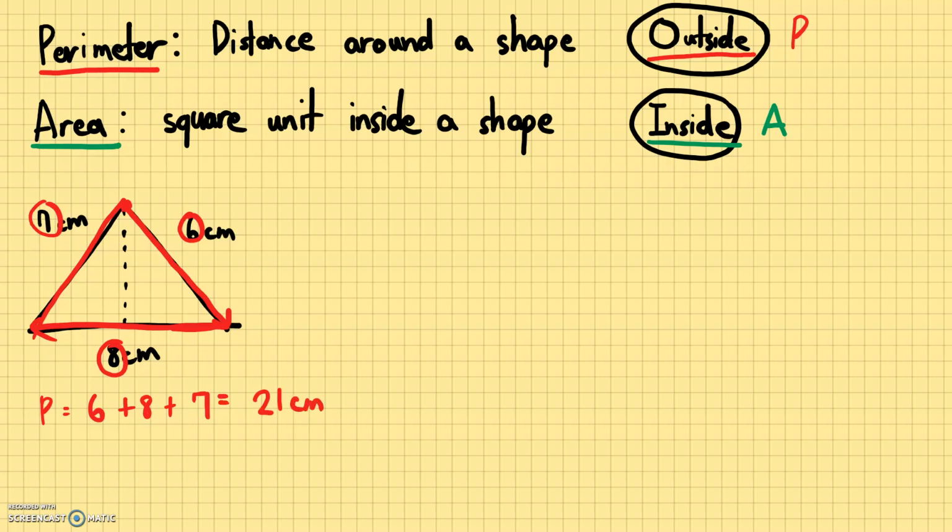And remember, for area of a triangle, again, it's the inside part. And for area, you need to know the height here. So I'm just going to say that's 5 for now.